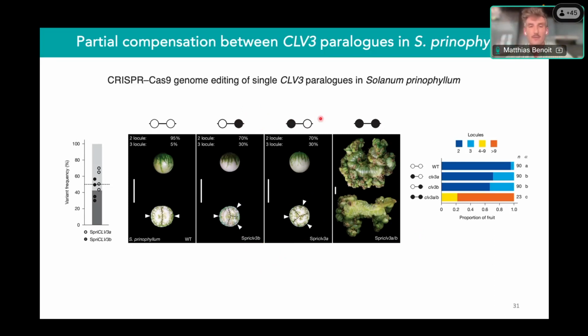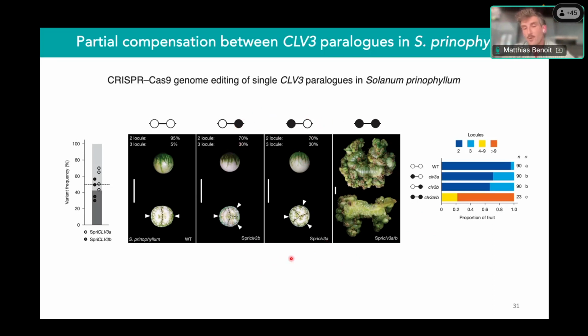But still, if you mutate one copy or the other, there's still large compensation of the fruit phenotype in this condition, right? So imagine a system where you would like to inactivate clavata3 in an indigenous crop where you don't know if there is one or two clavata3 copies. You may end up in a situation where you actually mutate only one copy out of the two, and the second copy would still compensate for the other, right?